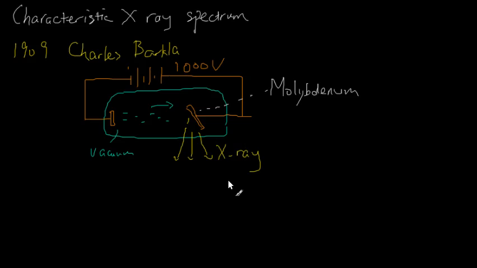Now, if you remember, for the hydrogen spectrum or for visible light, we could use the diffraction grating, very narrow slits, very closely spaced together, and observe the fringes and measure the wavelength by measuring the fringe angles.